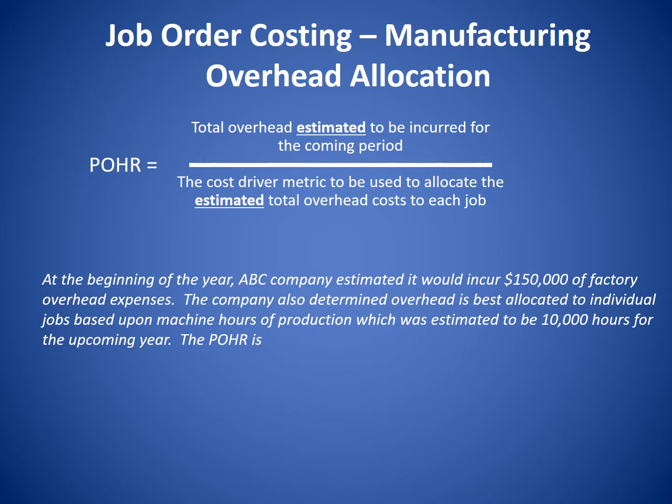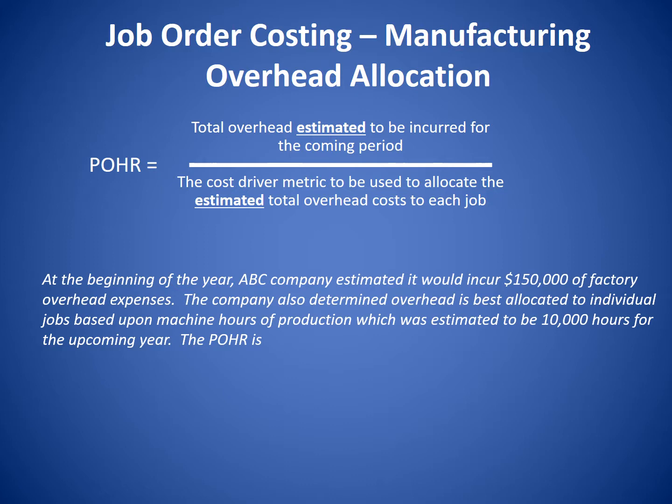The company also determined overhead is best allocated to individual jobs based upon machine hours of production, and we estimate that we're going to incur 10,000 machine hours in the upcoming year. So we estimate we're going to have $150,000 worth of overhead, and we're going to use machine hours to allocate that overhead back to our individual jobs or operations.